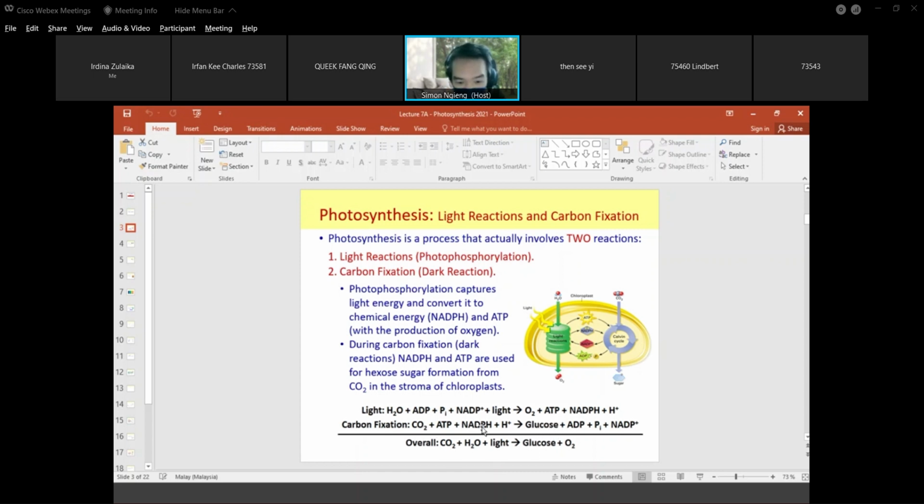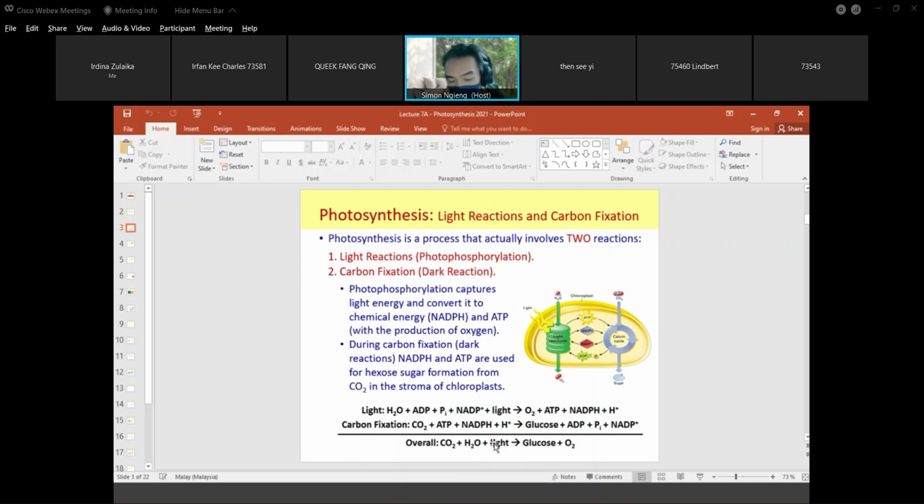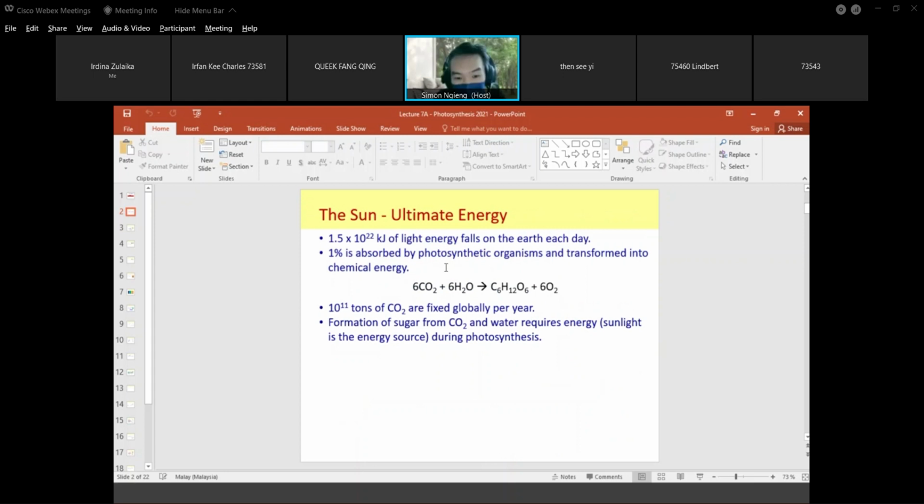As a whole, you have this formula, and you cancel out terms, like doing maths. Then you end up getting the overall equation. It's the same as the one you saw just now, just that this time the light is added in. If you shine a light on top, you still need light.